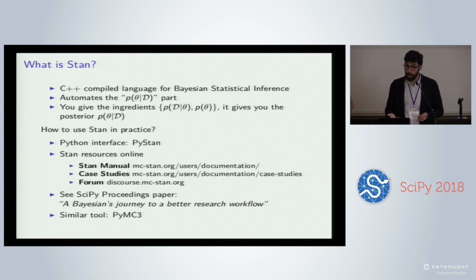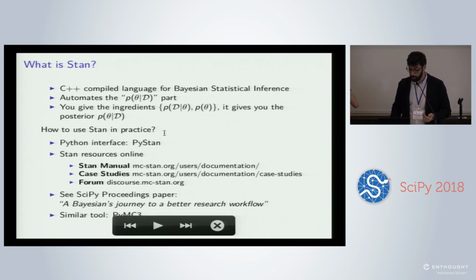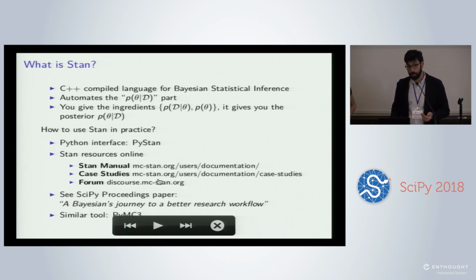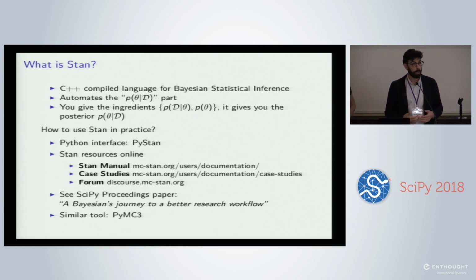There is, first of all, PyStan, the interface to Python. It has its own sort of ecosystem and its own website. These are links that will take you there, but you can also Google it, obviously. And then I want to also talk about the excellent resources that the Stan team has put together for people who want to understand a little bit more.